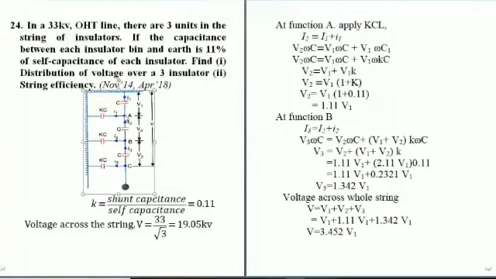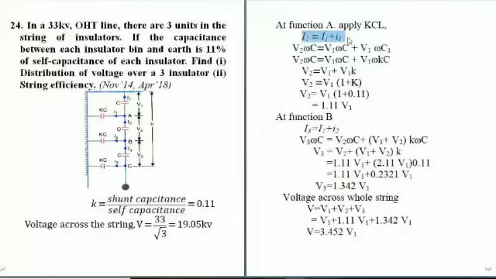That means the I2 current is equal to I1 plus small I1. Am I right or not? This is very, very basic. If you understand this concept alone, you can easily solve this problem.